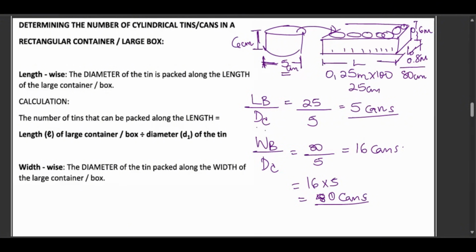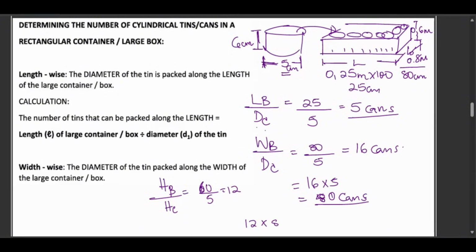Then, what about the layers? It becomes height of the box divided by the height of the can, which is 0.6, which is 60 divided by 5. So they are 12 layers.